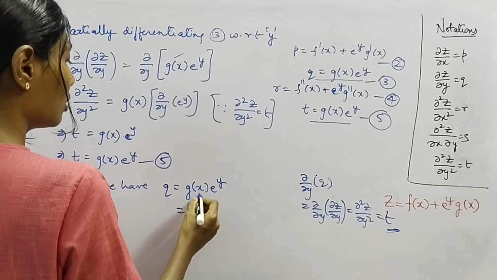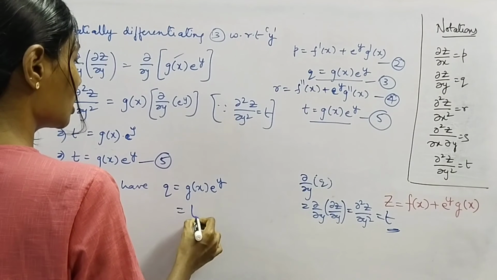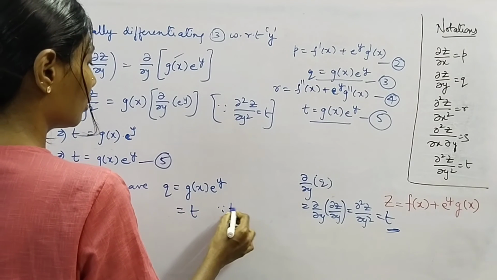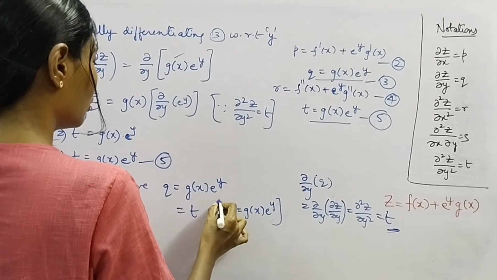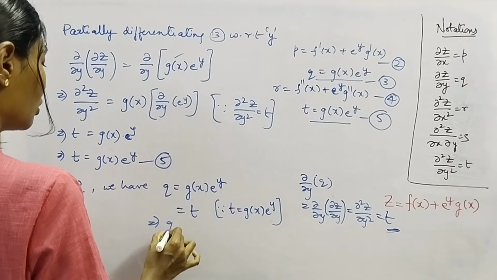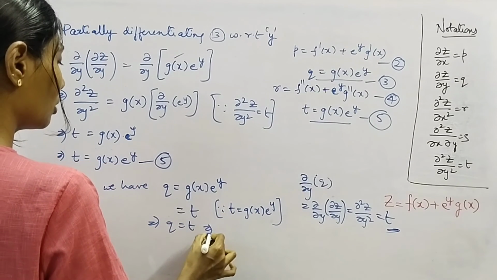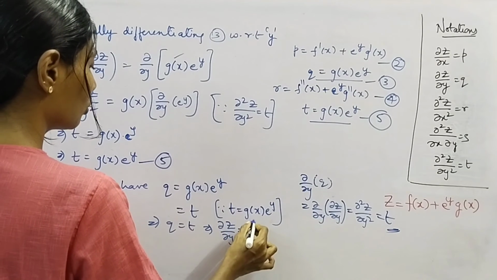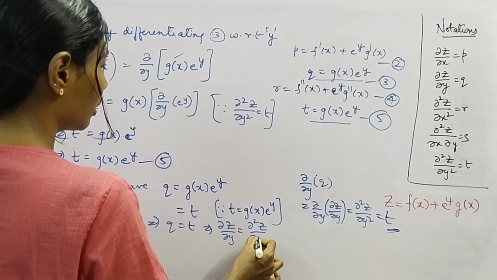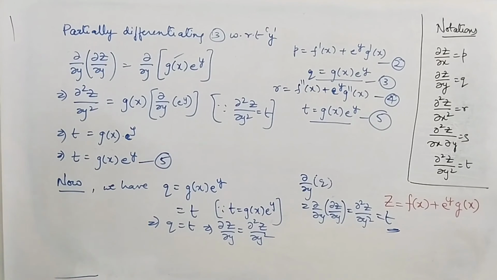Since g of x into e power y is t, from this we get q equal to t, which is nothing but dou z by dou y equal to dou square z by dou y square, which is the required partial differential equation.